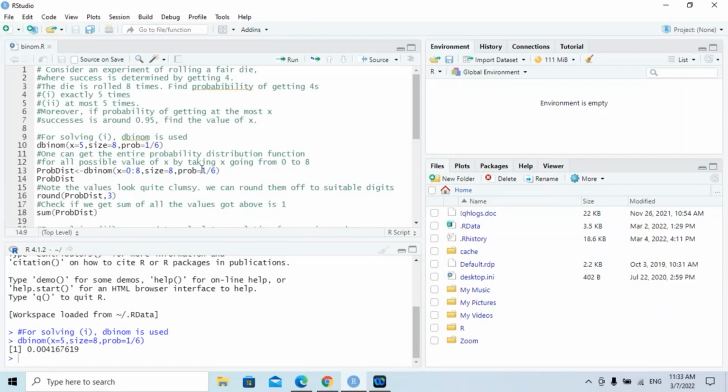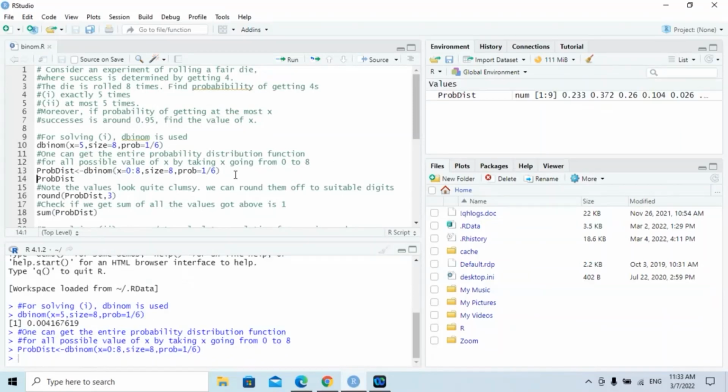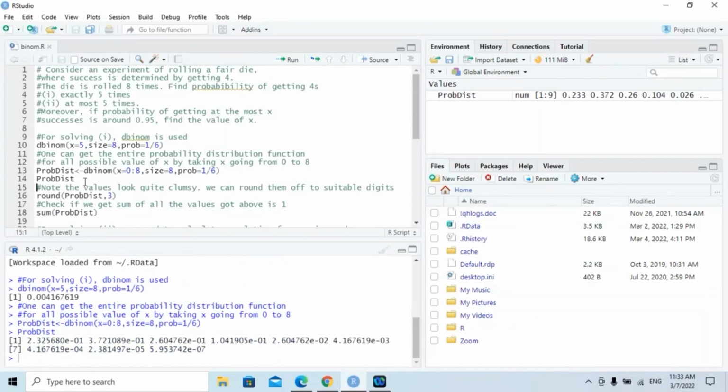So it should generate a vector of size 9, and let me call that vector prob distribution, that is probability distribution basically. Then let us see which vector we get and whether the vector is correct or not. So let me run this command and let us see what vector we get.